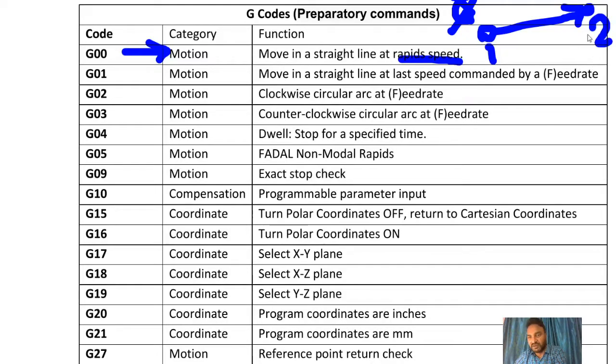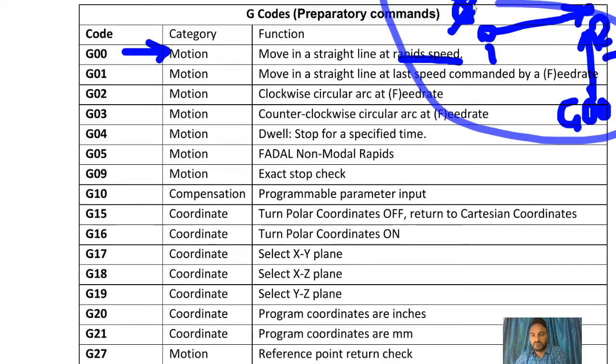So you will write G00 and the coordinate value of location 2. So if the coordinate value of location 2 is x5 y10, then you will write x5 and then y10.